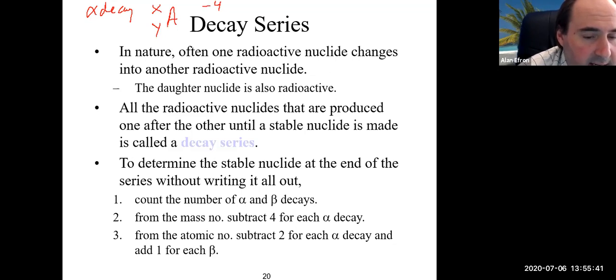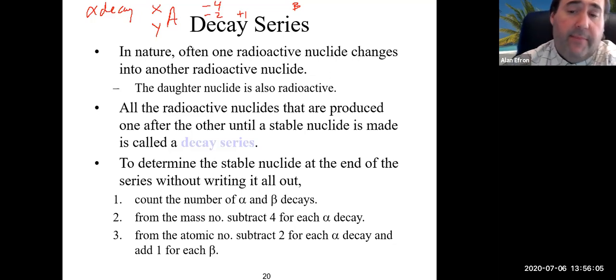And from the atomic number, we want to subtract 2 from the bottom. And then for every beta decay, we want to add 1 back to our atomic number. So if you're really just interested in the end result, you could use these quickly to figure out what you're going to get at the end.